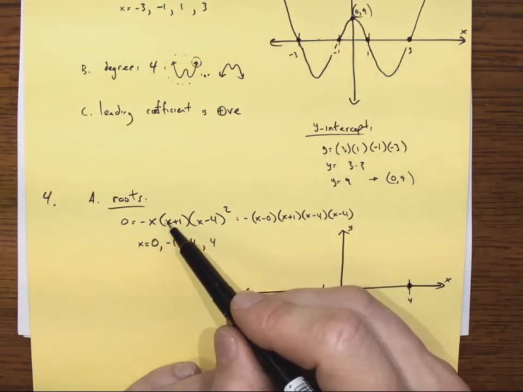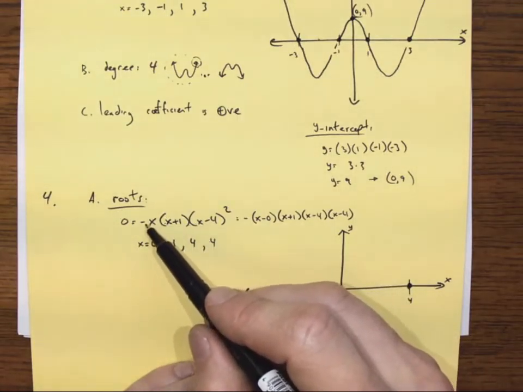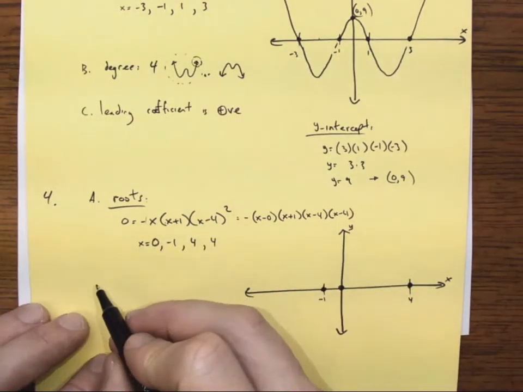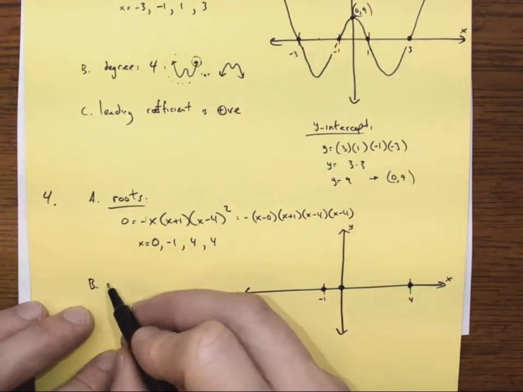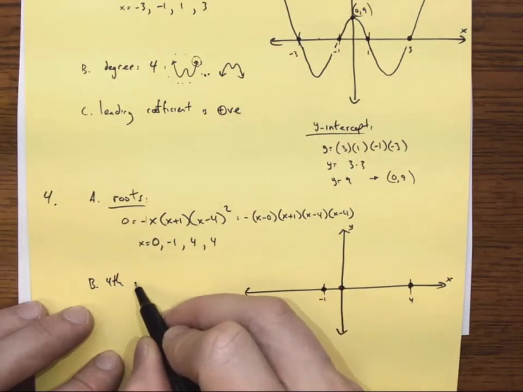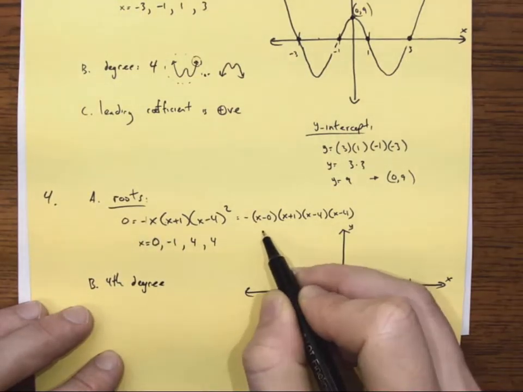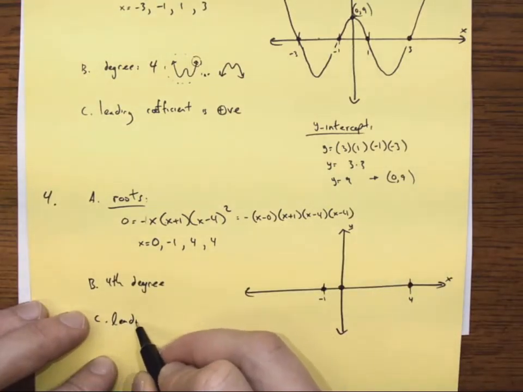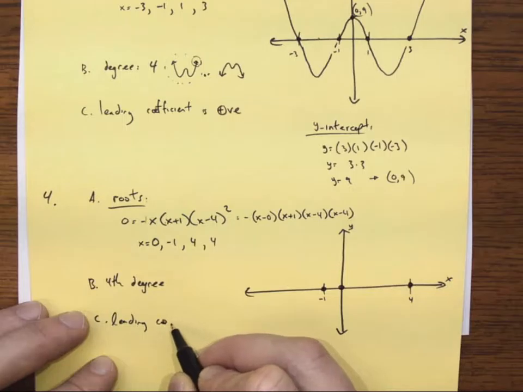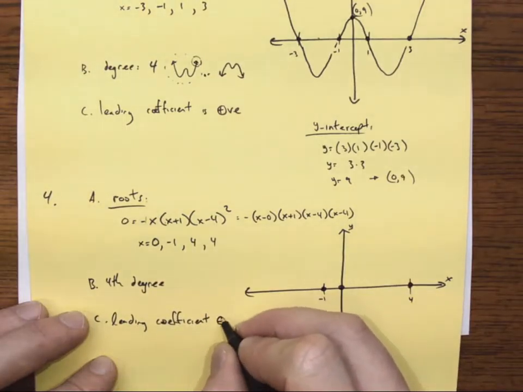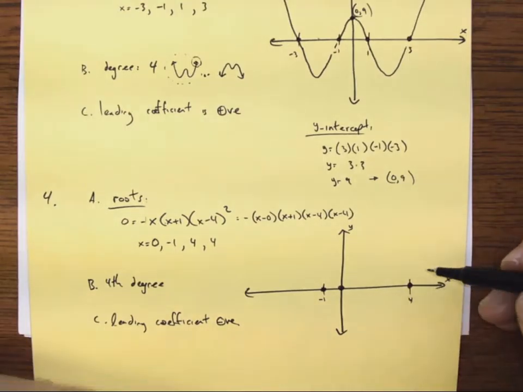I look in front of the x's and multiply all the numbers in front of the x's together, and I get negative 1 times 1 times 1, or negative 1. So I have a, oh, I'm getting ahead of myself. It's 1, 2, 3, 4th degree. 4 factors. And we have a leading coefficient that is negative.